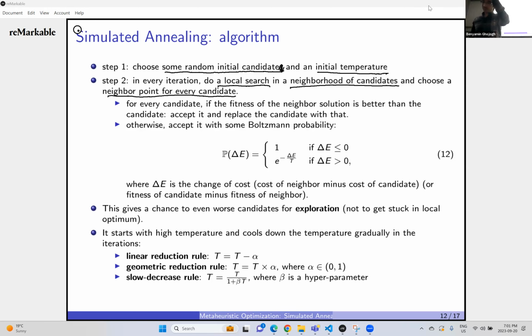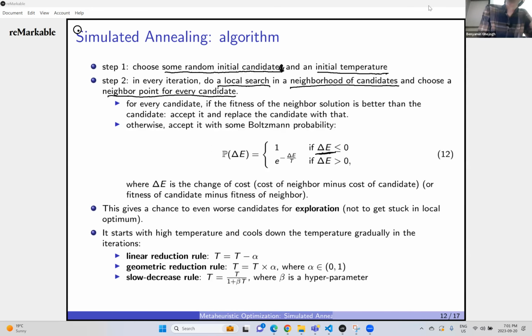A local search, assume, usually in simulated annealing, I don't search for different neighboring points, only one neighboring point. And then assume I see one of my neighboring points. I evaluate its fitness or cost, and then I calculate the difference of their costs, okay? Here, I assume my cost is like energy, right?